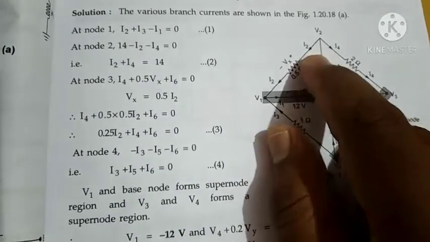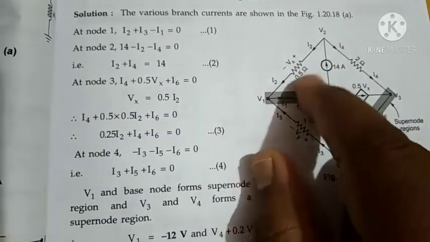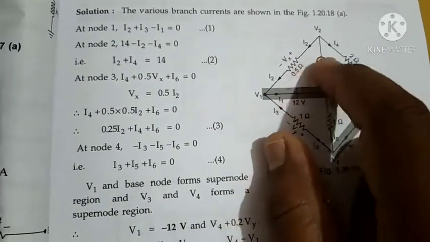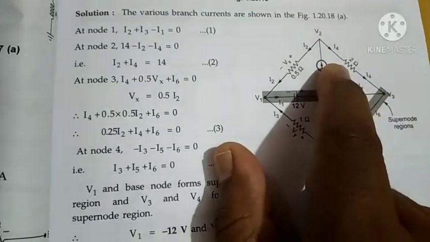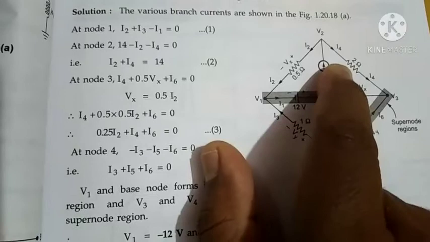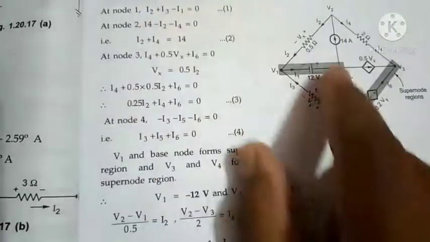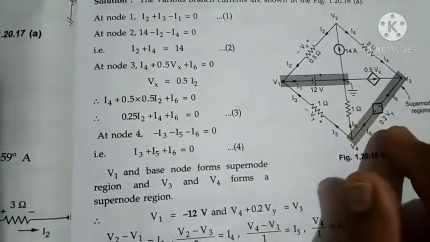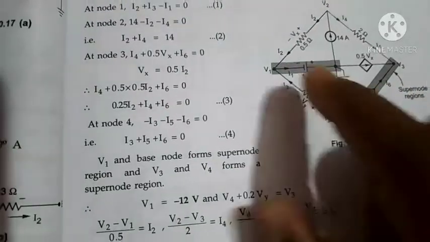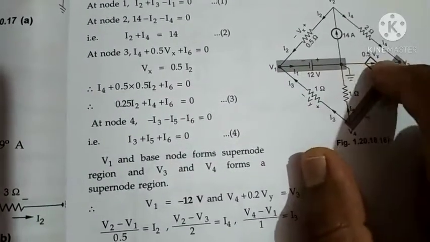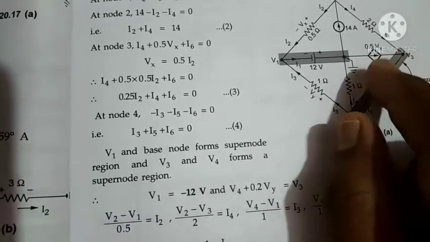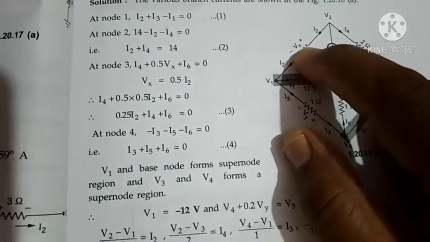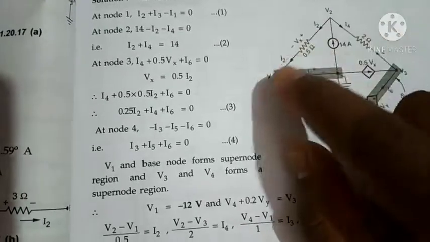I2 is given by V3 minus V1 divided by 0.5 ohm, and I4 is given by V2 minus V3 divided by 2 ohm. After substituting the values wherever needed, see here 0.5 into Vx is there, and that current is moving towards V3. So where is Vx? Vx is the voltage between V2 and V1.